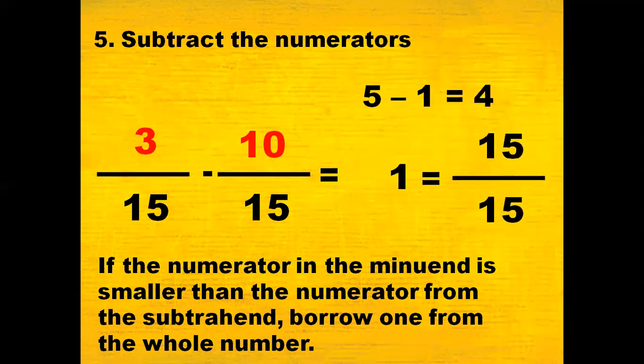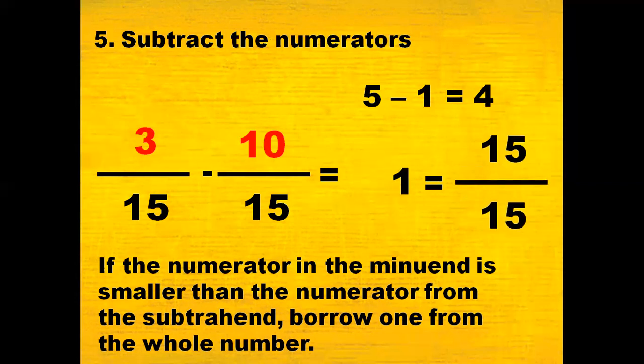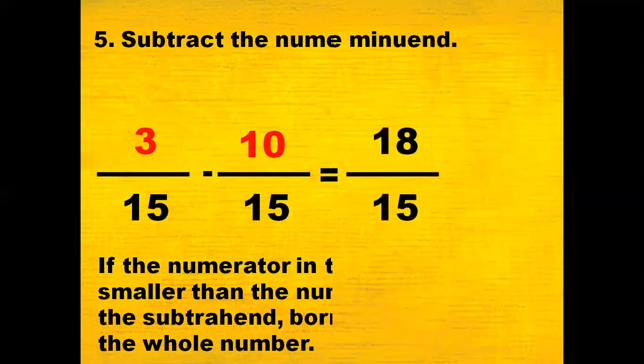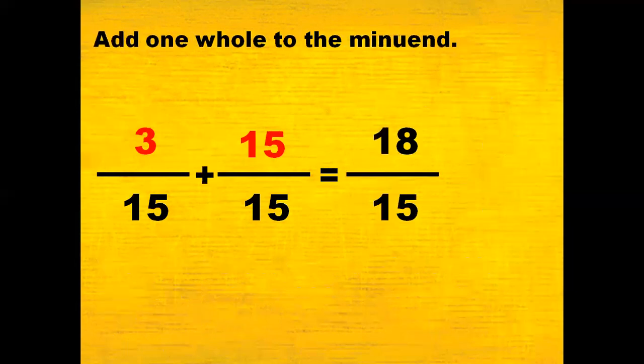And remember, 1 whole is equivalent to 15 over 15, since the denominator of the similar fraction is 15. 15 divided by 15 is equal to 1 whole. So let's add 1 whole to the minuend. Our minuend is 3/15.